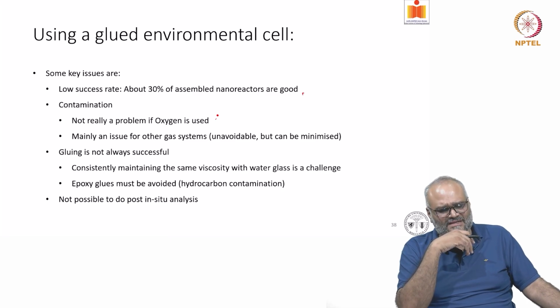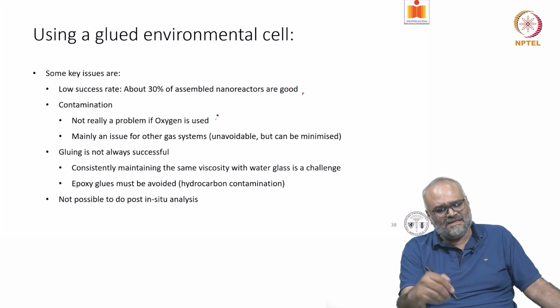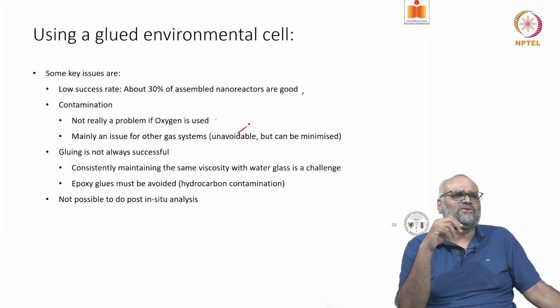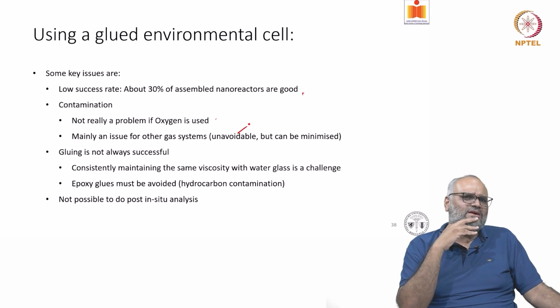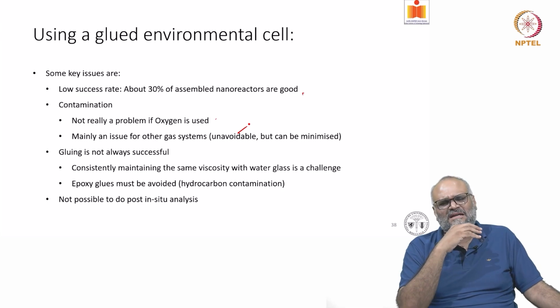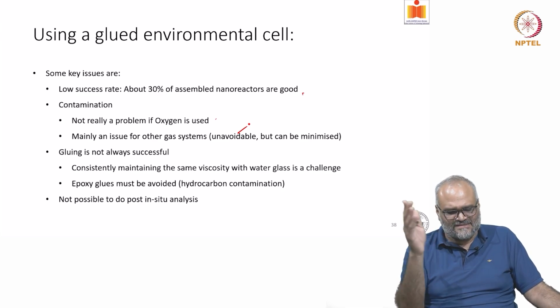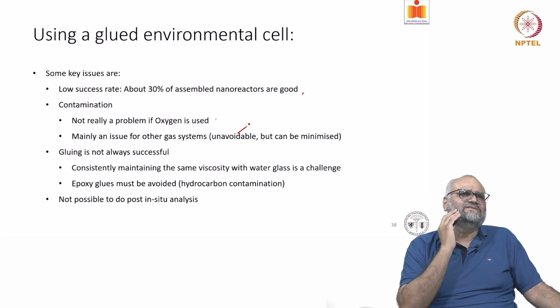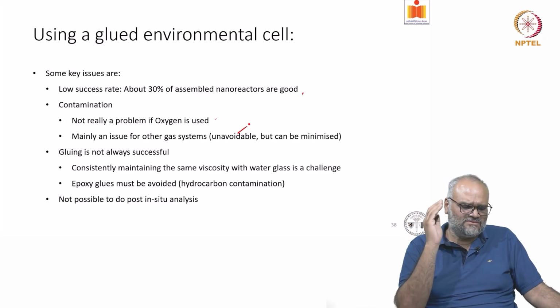But it is mainly an issue for other gases. It is unavoidable, but you can use some kind of liquid nitrogen traps or filters, hoping that there'll be less hydrocarbon contamination. And gluing is not always successful, and in glued kind of systems, it is impossible to do post in situ analysis.